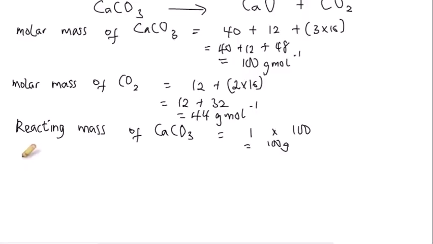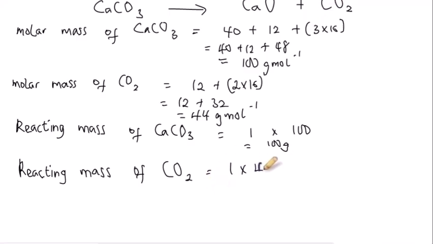Reacting mass of CO2. Let's calculate that for carbon dioxide now. Based on the equation, that's 1, the number of moles, multiplied by the molar mass 44. So that's 44 grams as well.